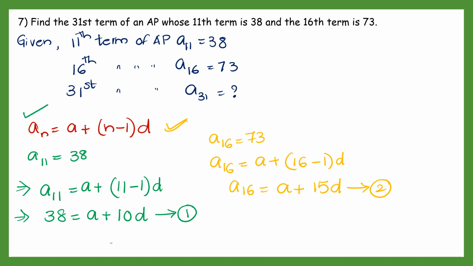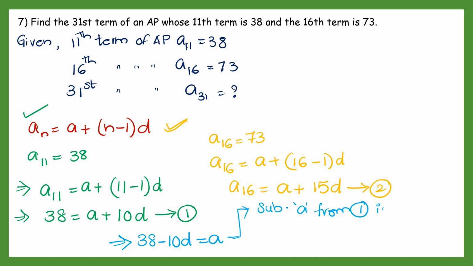Now, from the first equation, what can we write? We can write 38 minus 10D. 10D is on the right side of the equation; if it comes to the left side, it becomes minus 10D, is equal to A. Substitute this value of A from equation 1 in equation 2.